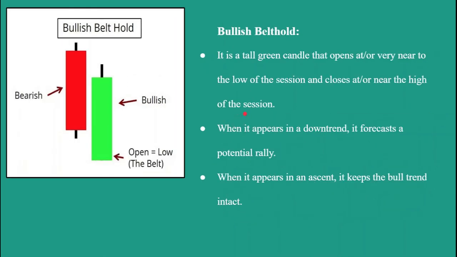And as for the bullish one, it is a tall green candle that opens at or very near the low of the session, you can see it here, and closes at or near the high of the session. When it appears in a downtrend, it forecasts a potential rally after that. And when it appears in an uptrend, it keeps the bull trend intact. It can be a signal for trend continuation.